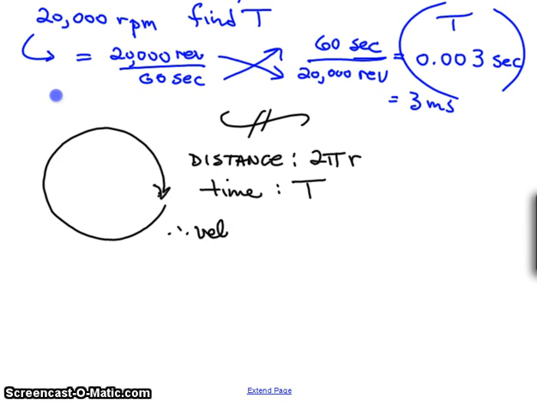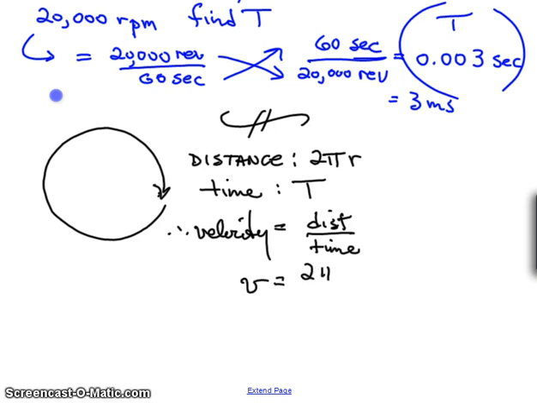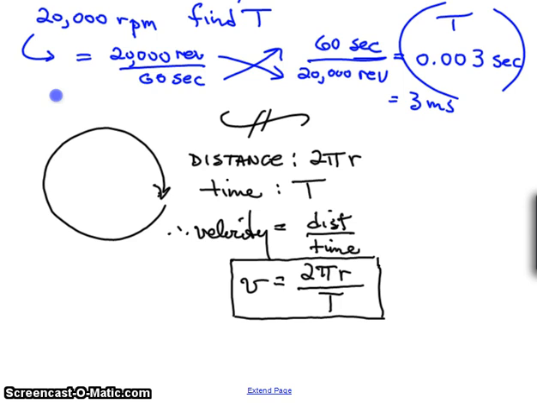The velocity is just going to be defined as distance over time, or v is going to equal 2 pi r, the circumference, divided by the period. And this is one of the key equations of circular motion. The velocity equals the circumference divided by the period. And we'll see how that works.